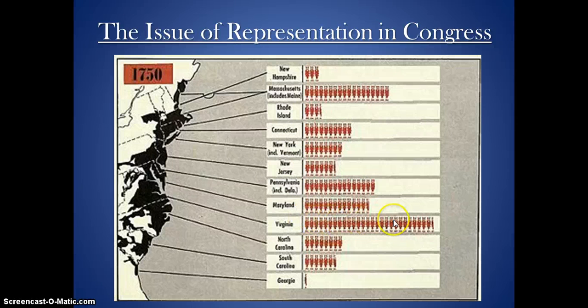Should a state like Virginia that has a much greater population than, let's say, Georgia, should Virginia be able to send more representatives to Congress than Georgia? Should Massachusetts be able to send more representatives to Congress than Rhode Island? Or should each state get an equal amount of representatives to Congress? Well, that's something that the early founding fathers had to decide. They're going to have to compromise.